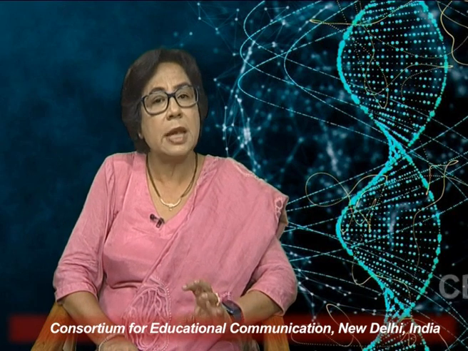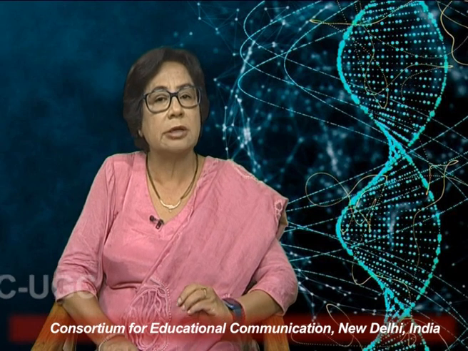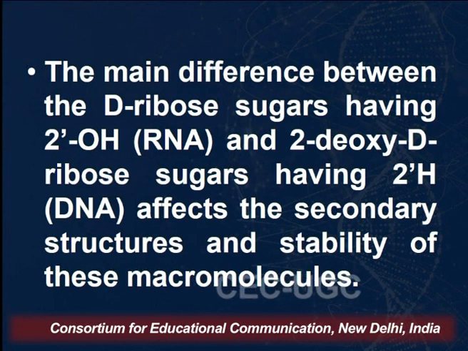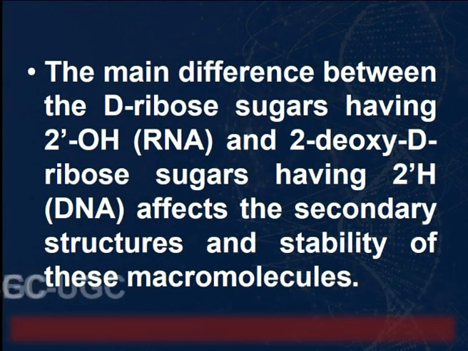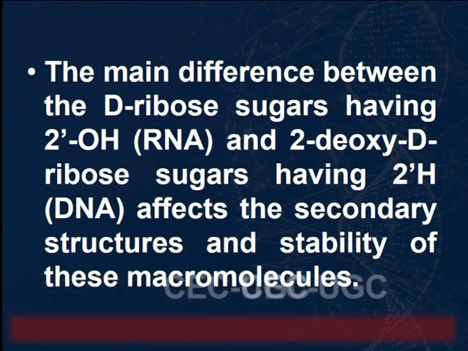Now, the main difference between the D-ribose sugar and 2-deoxy-D-ribose sugar is that when we talk of RNA, we have a hydroxyl group at the 2' position. Whereas when we talk of deoxyribose sugar, there we have hydrogen instead of a hydroxyl group.